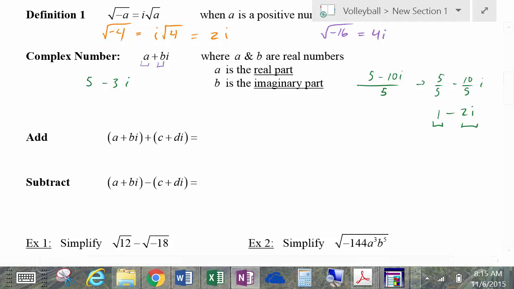All right, next, adding complex numbers together, you just add like terms together. So a plus bi plus c plus di. We add a plus c, we add bi plus di.